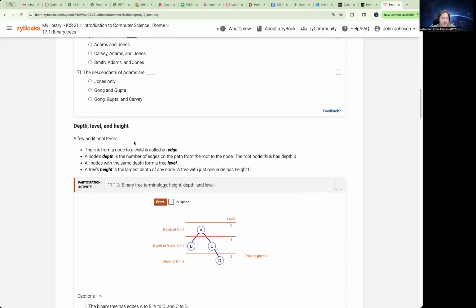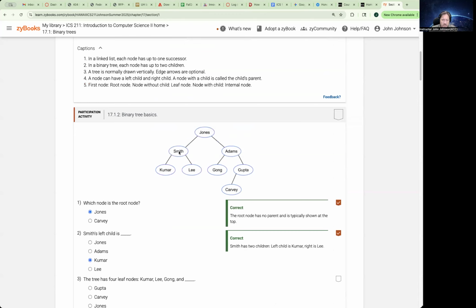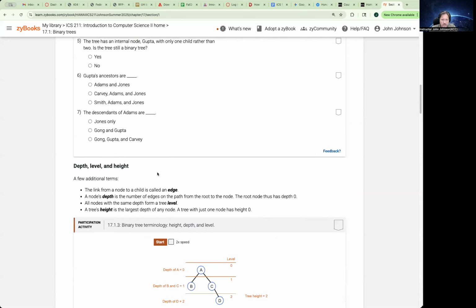We're going to talk about the depth, the level, and the height. So some more terms we have here. As I mentioned before, the connector between the nodes that connects a node to its child is called an edge. A node's depth is the number of edges on the path from the root down to the node. If we're looking at this, we'd say that Smith has a depth of 1 because from Jones down to Smith, it's 1 down.